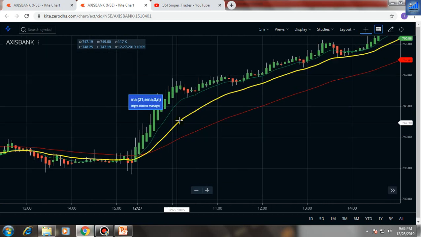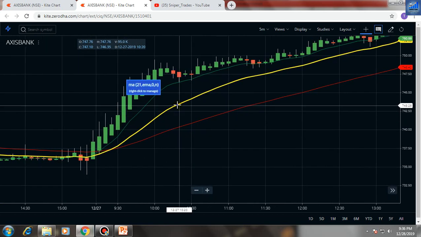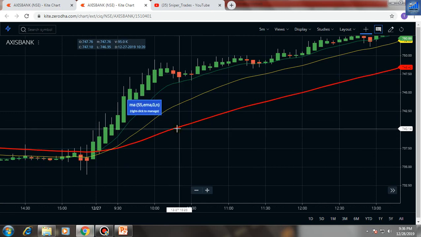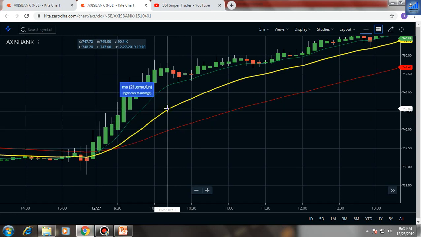First, for the convenience of explaining, I am taking only the yellow and red line. This red line is the 55 exponential moving average and this yellow line is the 21 exponential moving average.